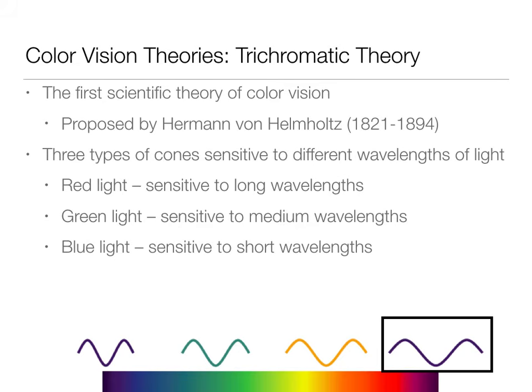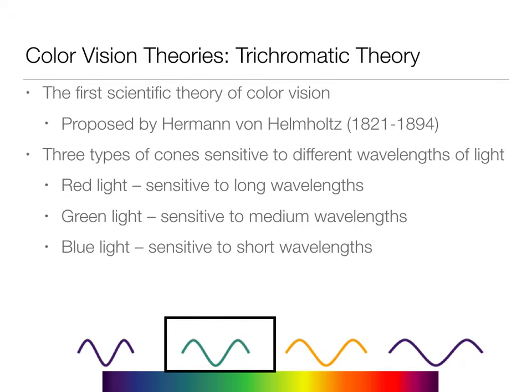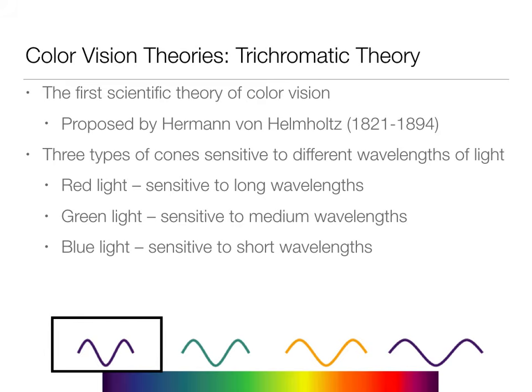So we'll see the red light, these longer wavelengths. We see the green light, those medium wavelengths. We've got a special cone that allows us to do that. And then we have a third kind of cone that allows us to look at these shorter wavelengths, these blue lights.